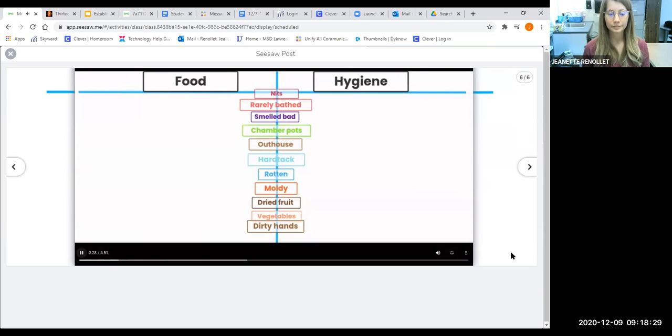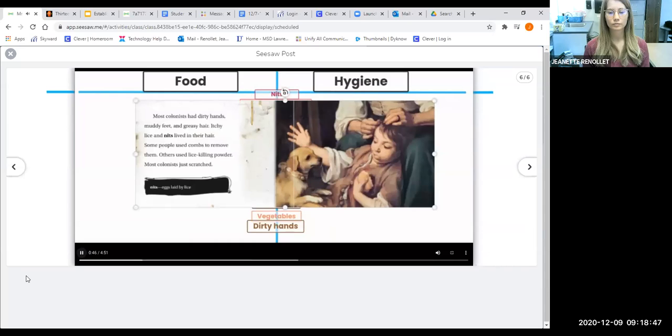So let's look at the first word, nits. I'm not sure if nits should belong to food or hygiene. Maybe you remember, but it's also okay to go back in the story to find even greater context. Here's the page where it talks about nits. It is on page 24.